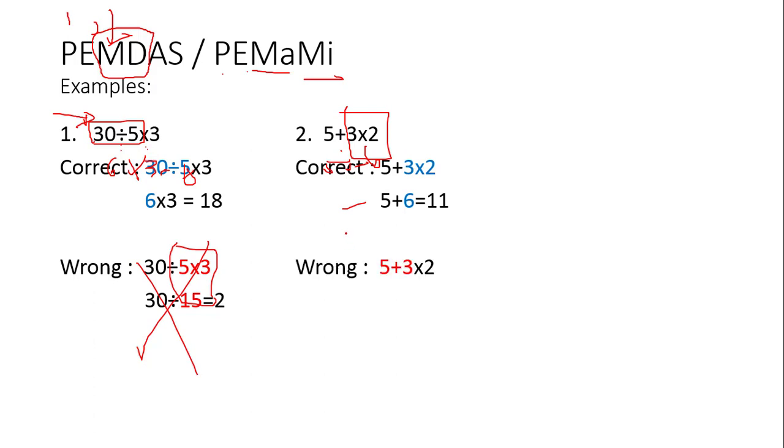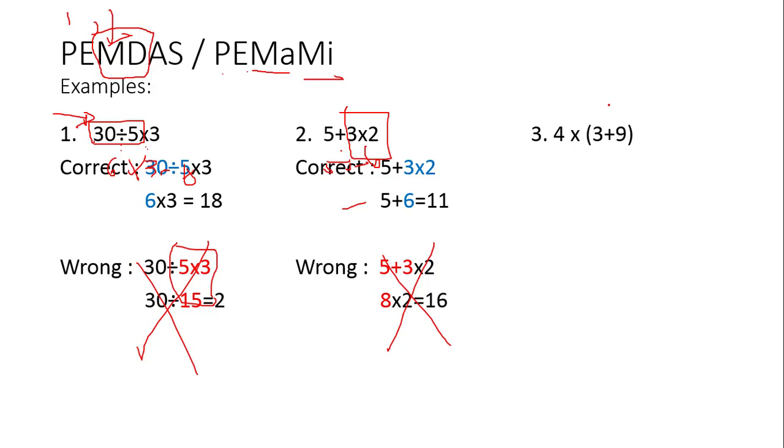Tama tayo. So, yung wrong way naman. Kapag inuna natin yung 5 plus 3, maling-mali talaga kasi humaharang na agad siya dito sa M tsaka sa D or sa major operation. Pag ginawa mo to, 5 plus 3, we have 8 times 2 is 16. Yung maling sagot mo.